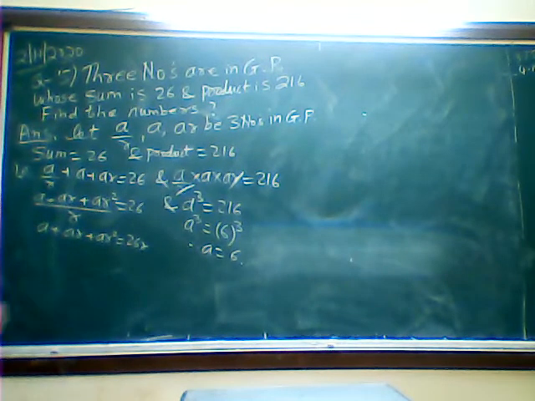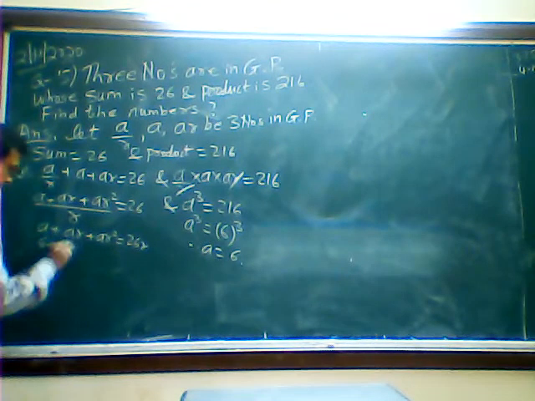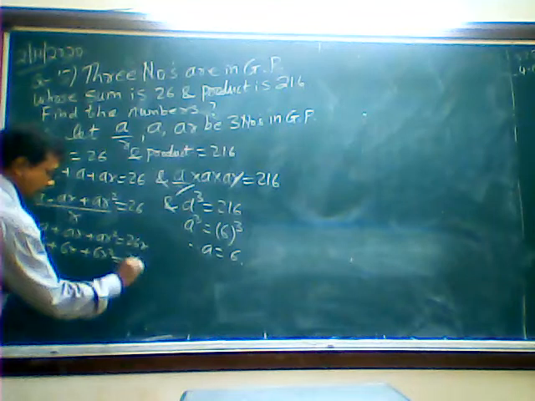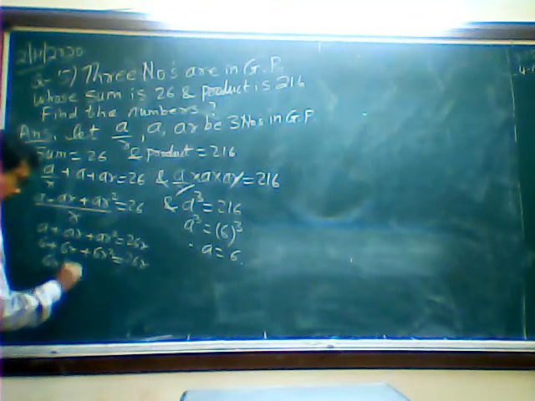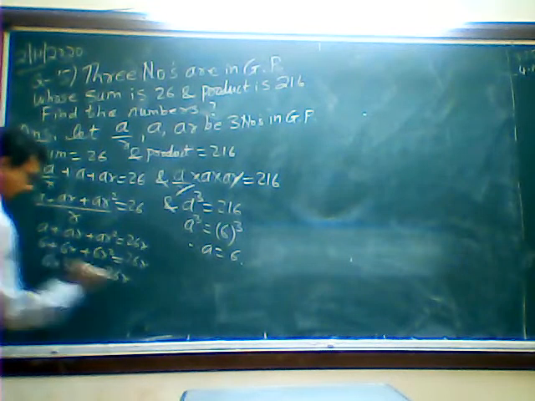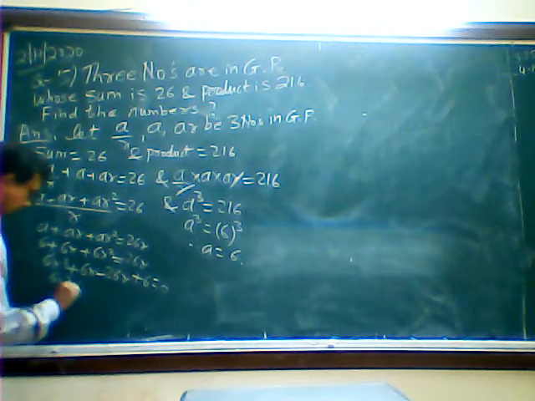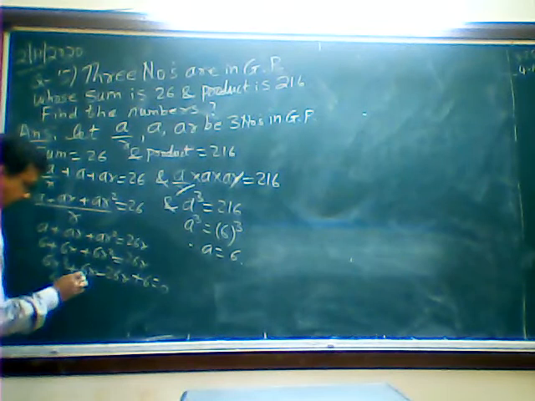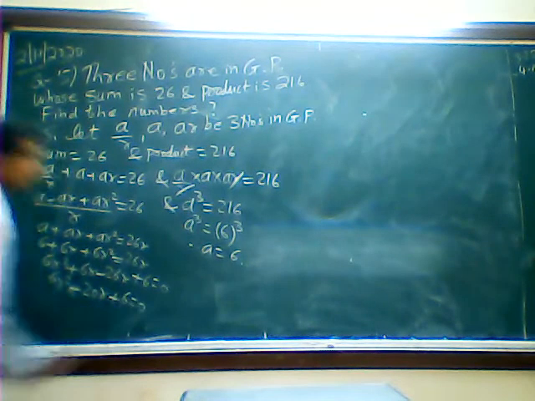Now wherever A is there, I will put the value 6. 6 plus 6R plus 6R square is equal to 26R. So I will write it properly: 6R square plus 6R minus 26R plus 6 is equal to 0. So 6R square minus 20R plus 6 is equal to 0.